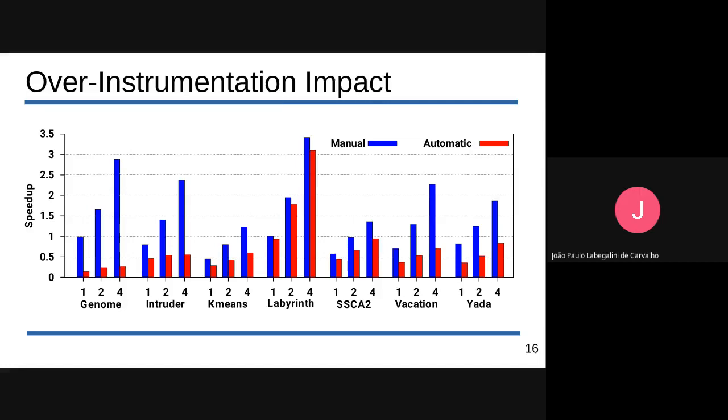As we can see, the blue bars are taller than the automatic version in most of the applications. That means that there's a huge gap between the performance of manually instrumented code and automatically instrumented code.